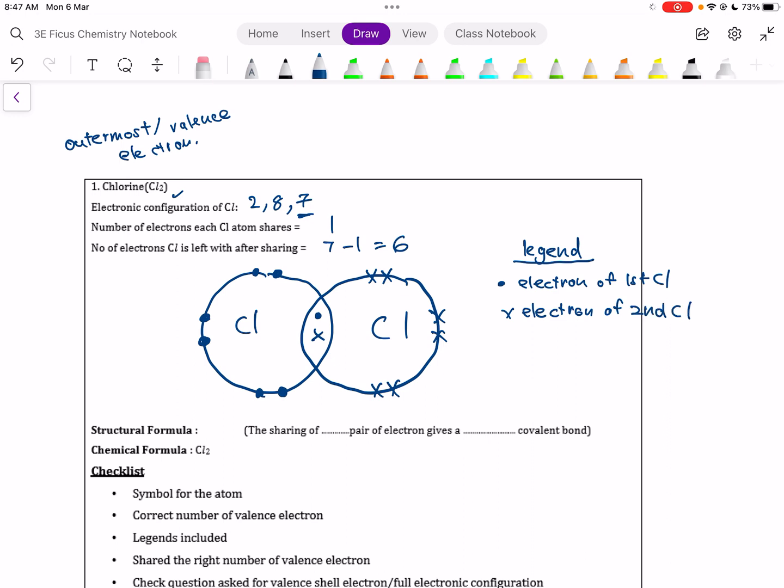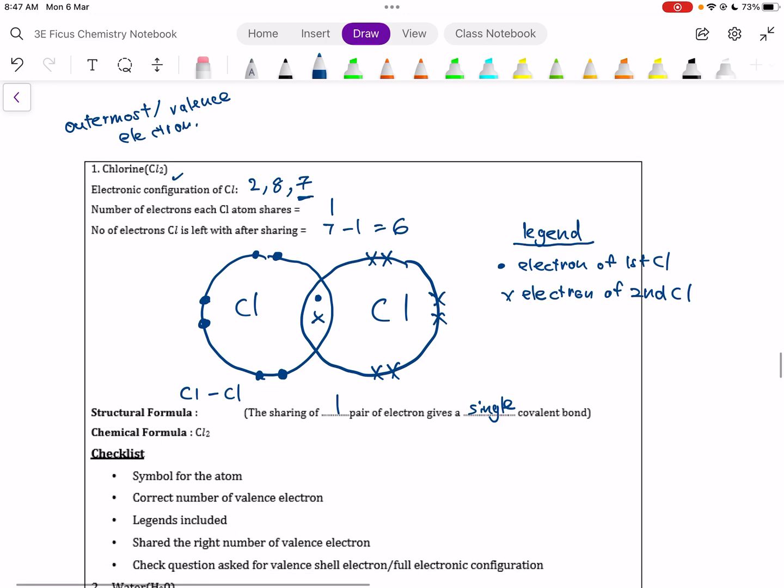Okay, so the structural formula. Sharing one pair of electrons gives a single covalent bond. You only share one pair, so in the structural formula you only have one line.